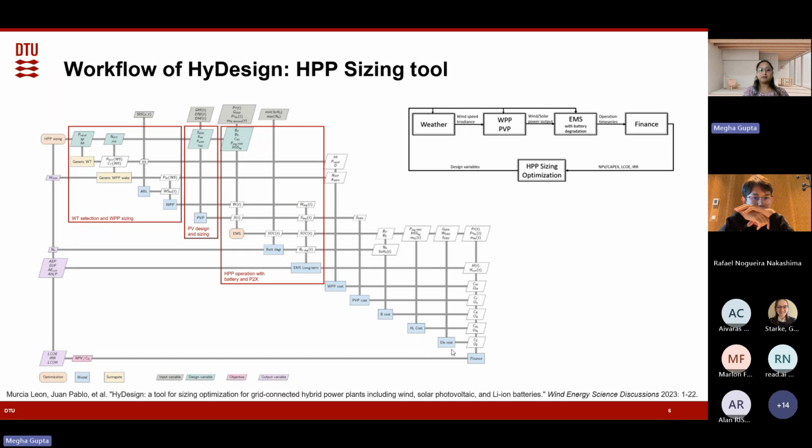So this is how the data flows, and then we feed back the design parameters of the plant to size the plant for that given location. It might be a bit tricky, but the given reference here gives complete details of this tool and how it is evaluated.